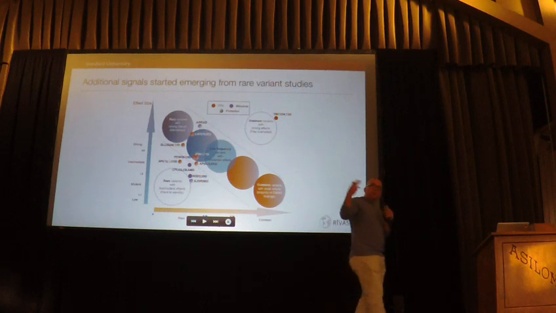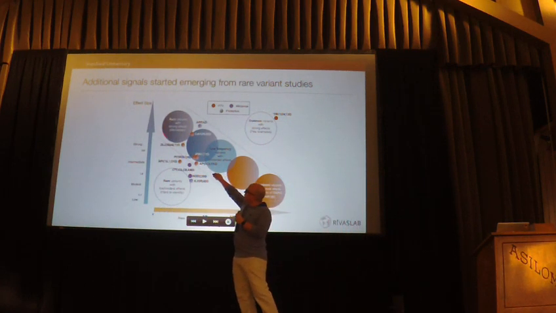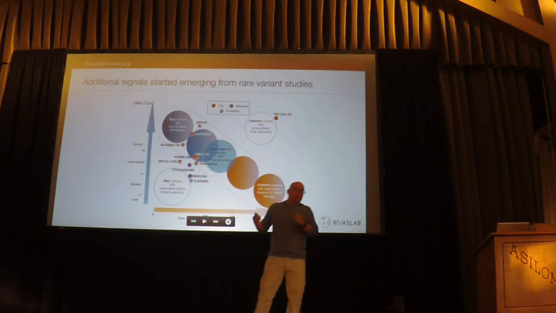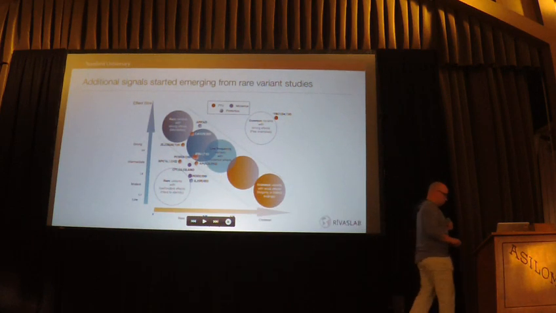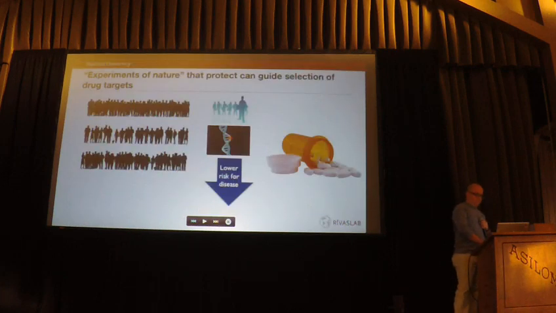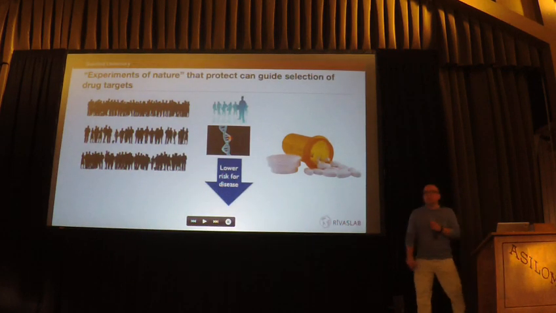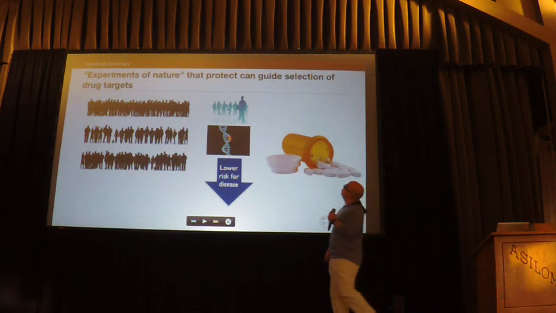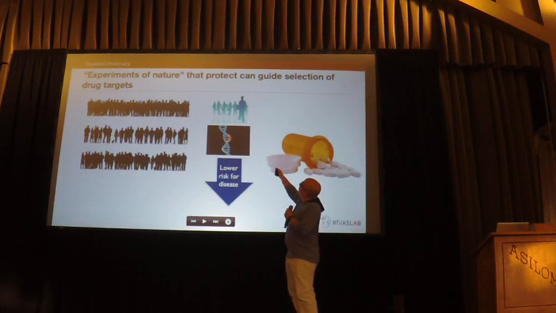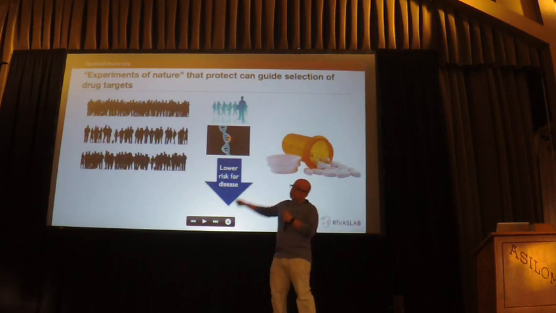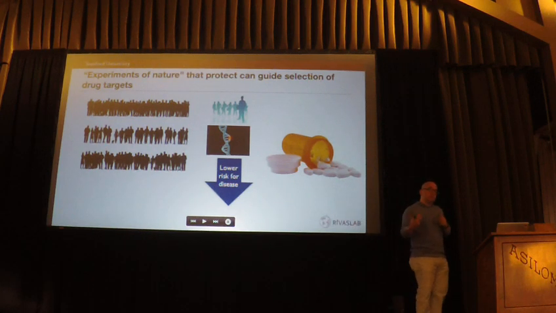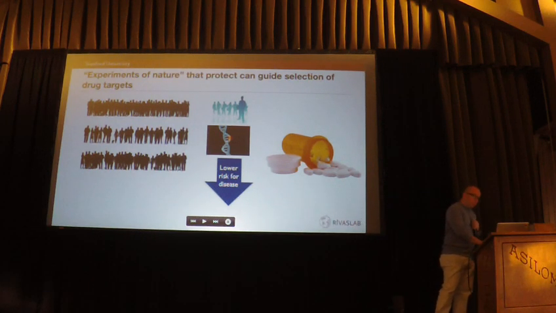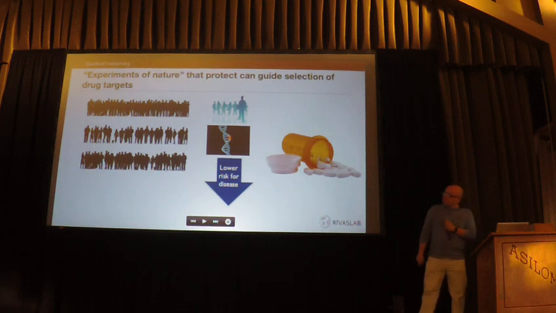So if you're a pharmaceutical company, for example, you would be extremely excited by the property that there are mutations that break genes that protect individuals from having human diseases. So these experiments of nature that protect can guide selection of drug targets, and that's been, quote unquote, the hope of human genetics ever since the beginning, I think, for a lot of people at least.